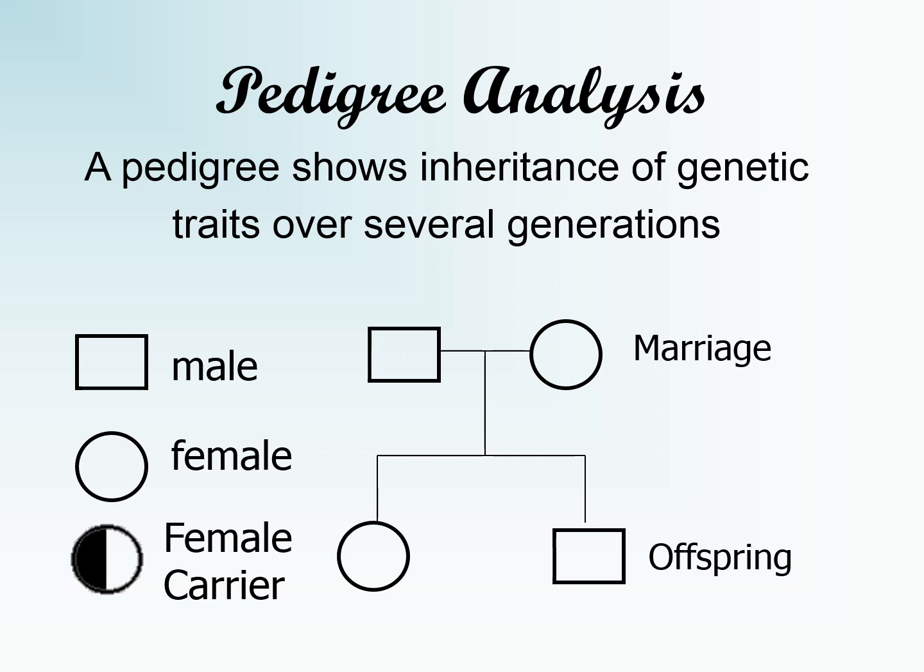A horizontal line indicates marriage. A vertical line coming down indicates the offspring or the children. Often you'll see half of a circle or half of a square being colored in, and that represents that the male or the female is a carrier.